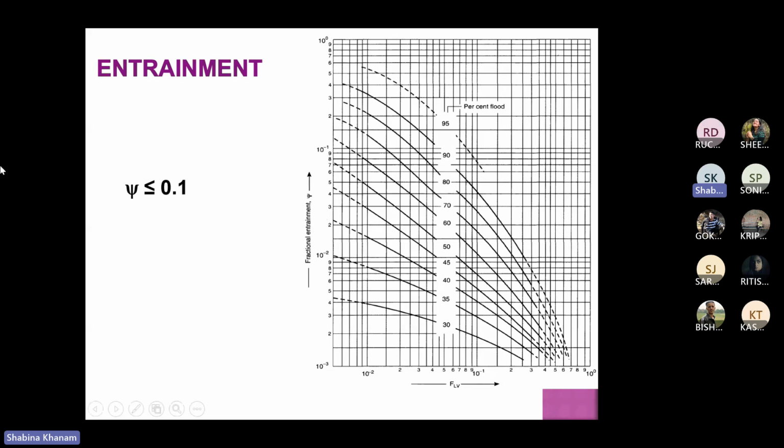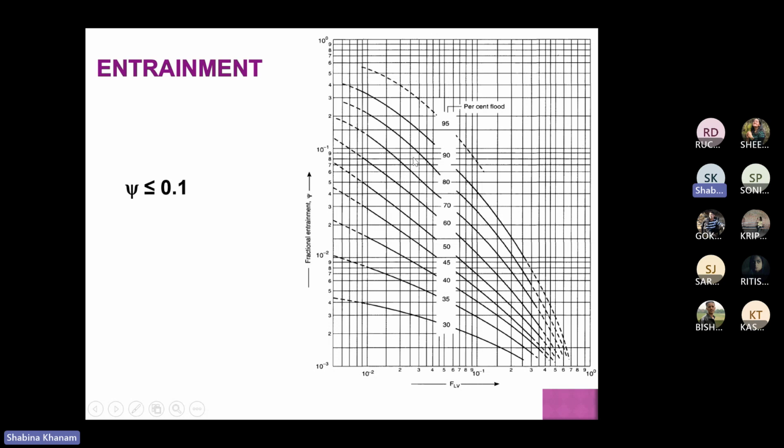Now if this condition is not met, what will you do? You need to decrease the flooding percentage. Let's say you have taken 85% and you are getting the value somewhere here, so you need to reduce it to, let's say, 70% or 75%, and then you can see the value.